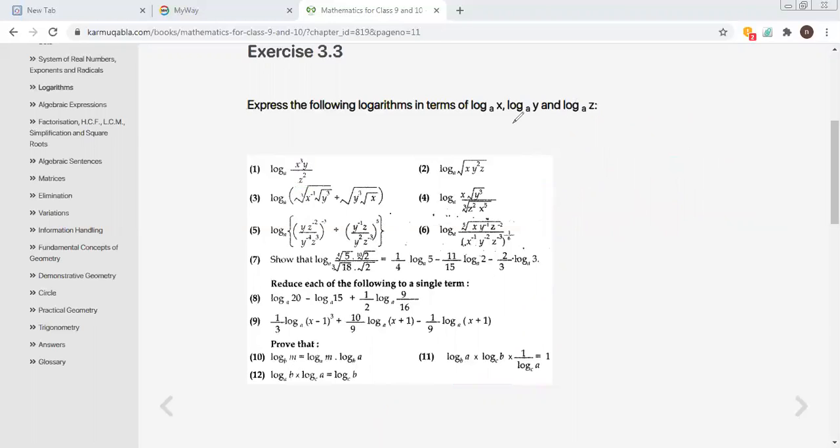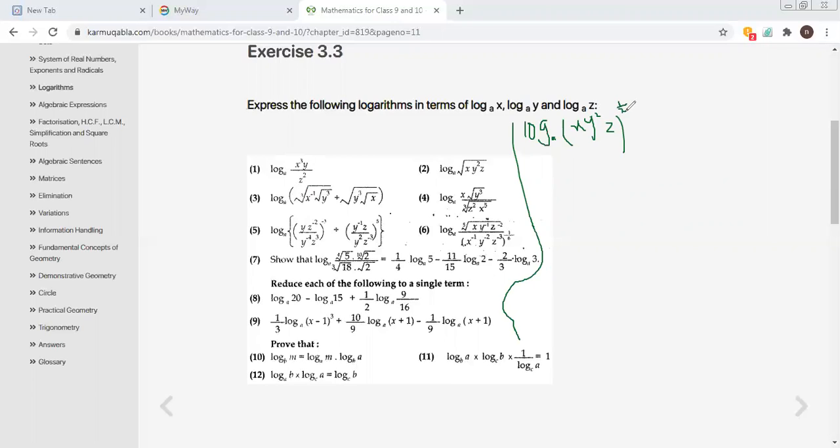Let's come to question number 2. We have log of a of the square root of x y square z. For applying the laws of logarithm, we will make a whole power on x y square z, and the square root power is equal to 1 upon 2.